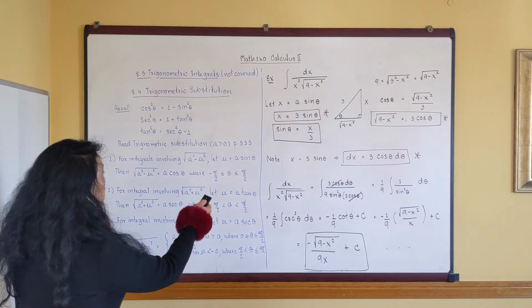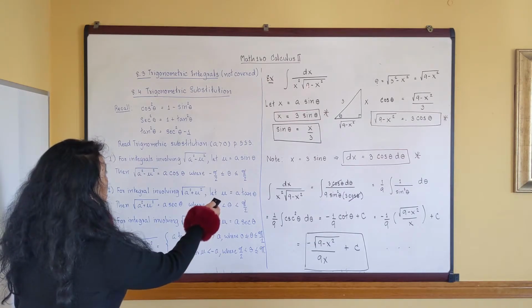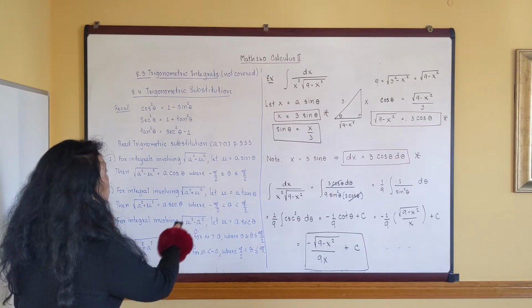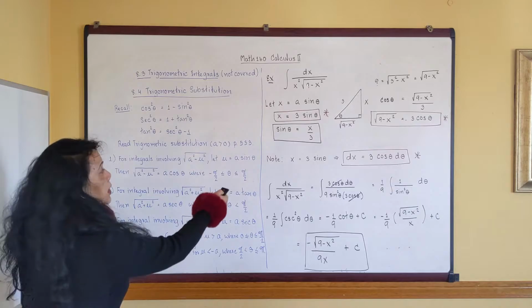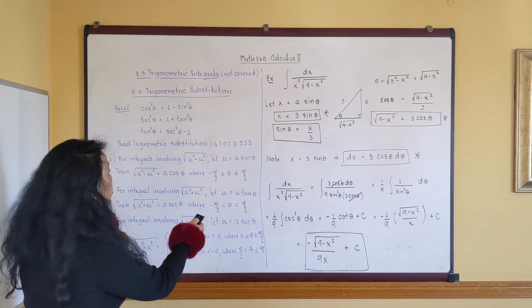Because we have 9 minus x squared, your a would be 3, because a squared equals 9. So your a will be 3.